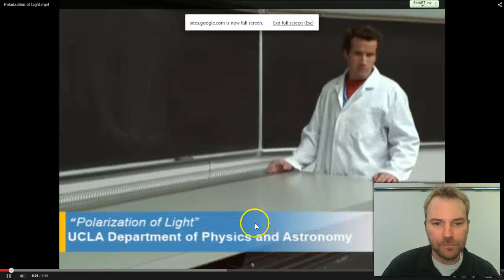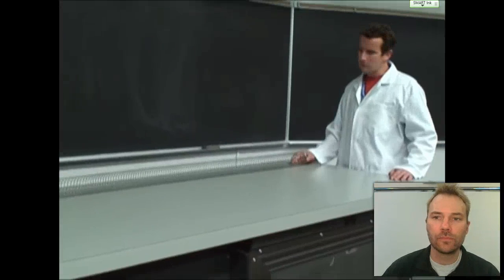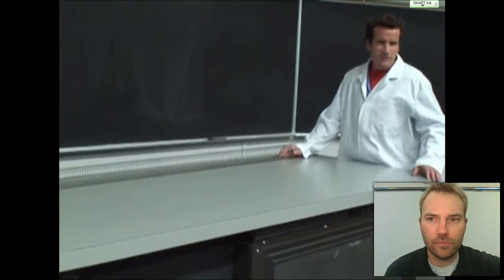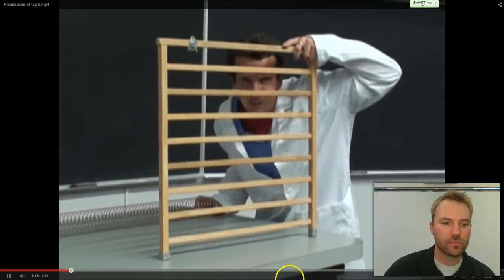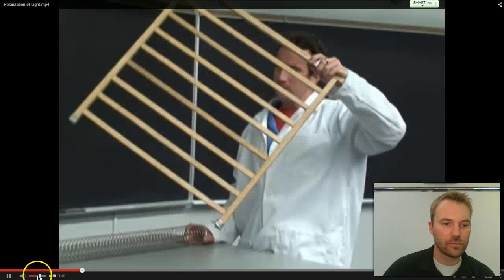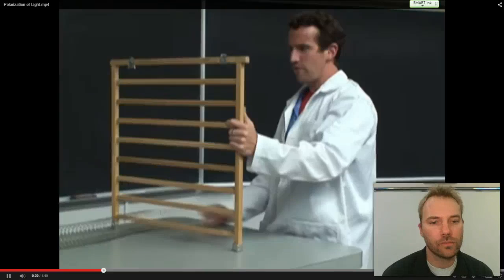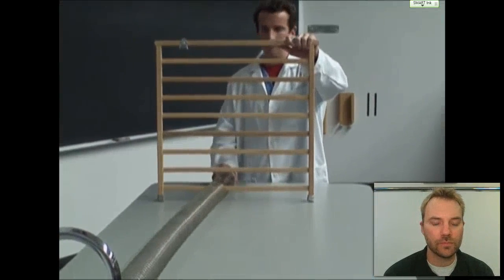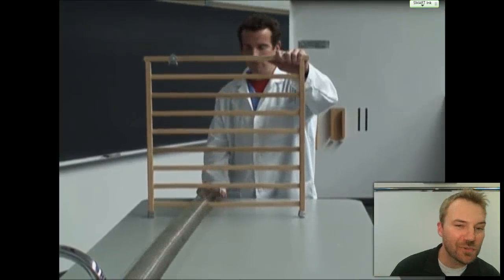Now, you might be wondering, is light a transverse or a longitudinal wave? How could we test this? This device is called a polarizer. It's designed to let waves get through in only one direction. As I send the wave out, it gets through fine that way, but this way, this is really neat how this works.